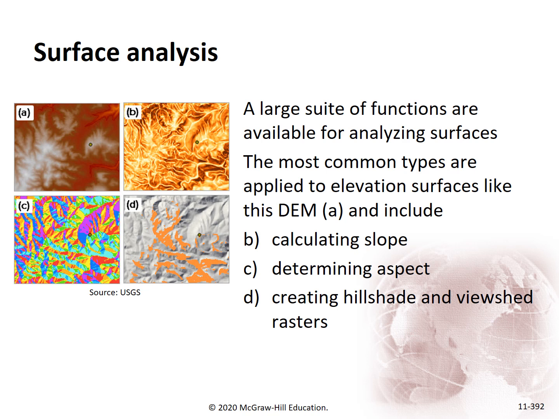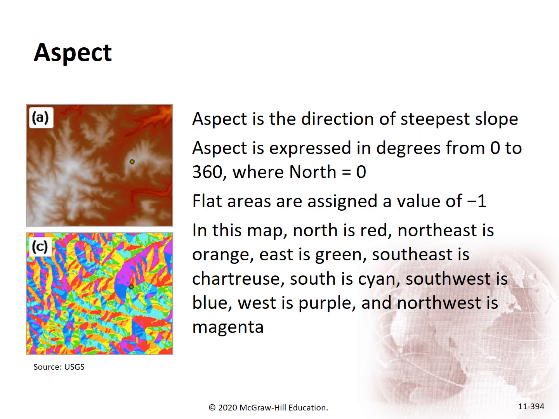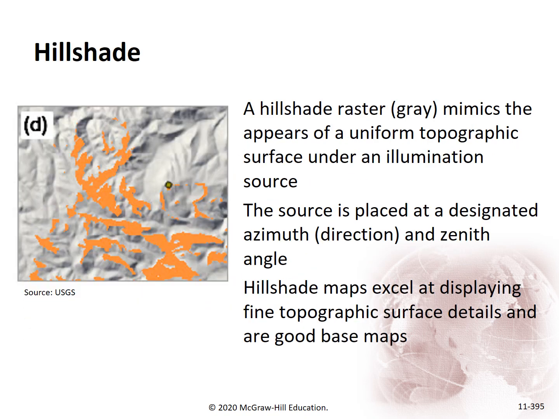Various surface analysis that we can do. Slope, aspect, hill shade, and viewshed. It's important to know what these things are. Slope calculates the steepness. Aspect calculates the direction of the steepest slope. Hill shade mimics the appearance of a uniform topographic surface under an illumination source.